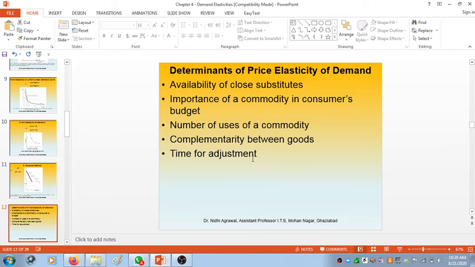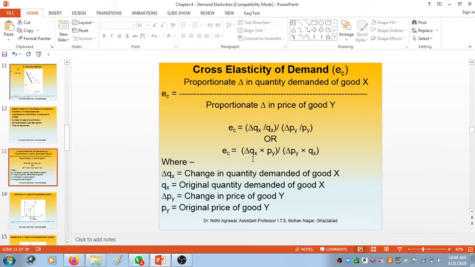So if price changes, there is not much change in our consumption habits. But in the long run we have sufficient time to make changes in our demand pattern. So if price changes in the market, we can explore the market and make changes in our demand accordingly. So elasticity affects our demand.